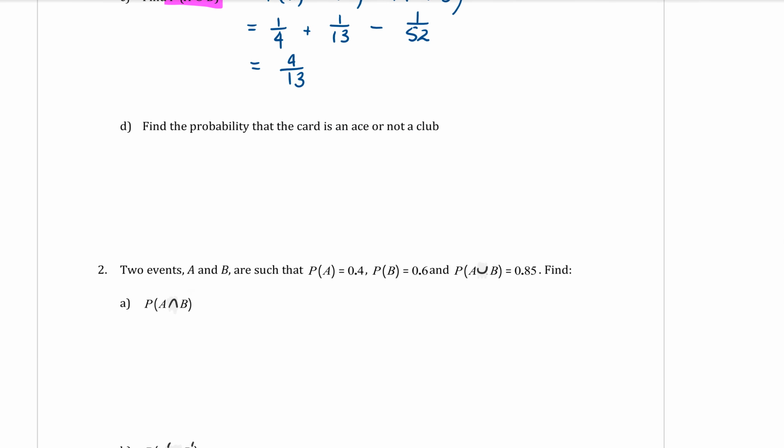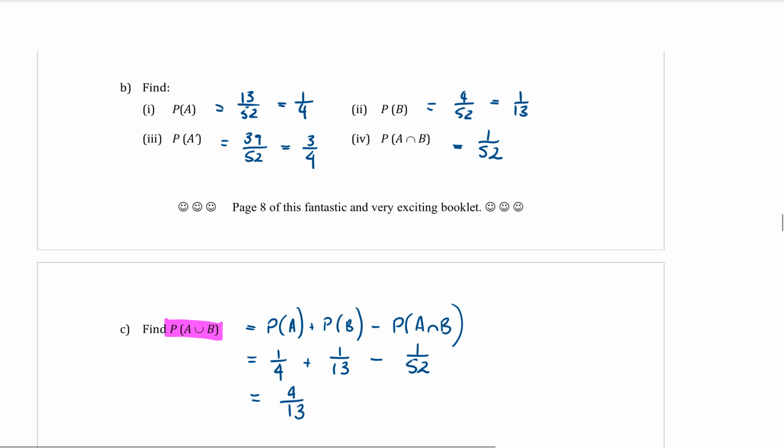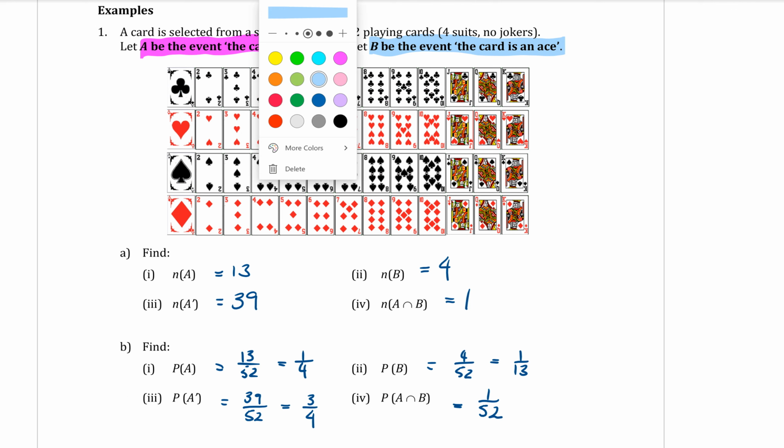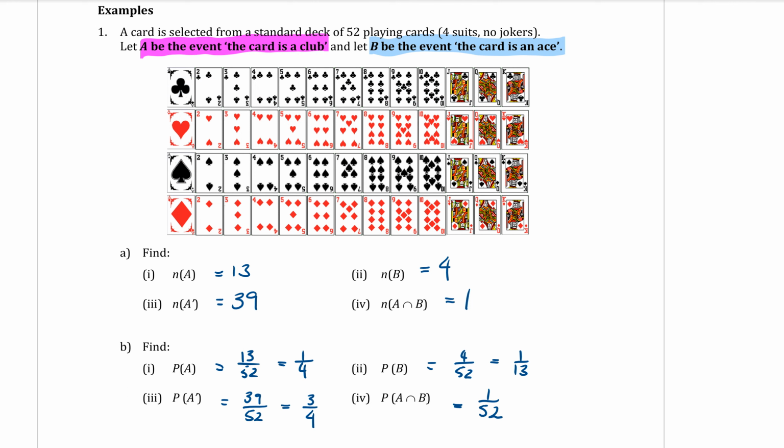Find the probability that the card is an ace or not a club. Okay, let's look at that. Let's do this one from our diagram. Find the probability that it is an ace. I'll do it in a different color here because it's not to do with those anymore. Let's get rid of that. So probability that it's an ace or not a club.